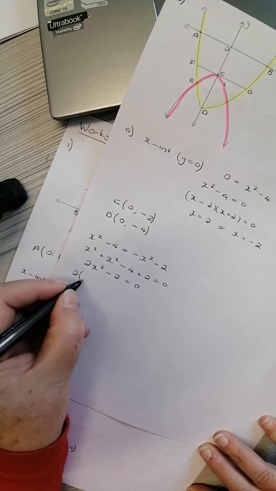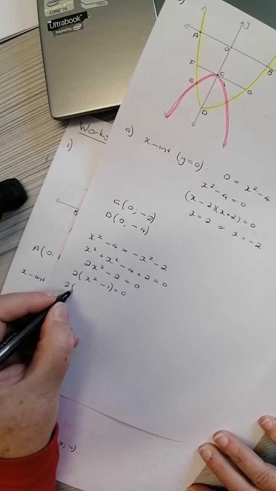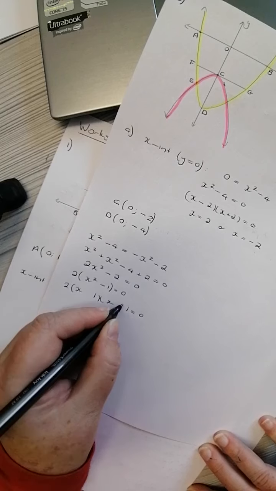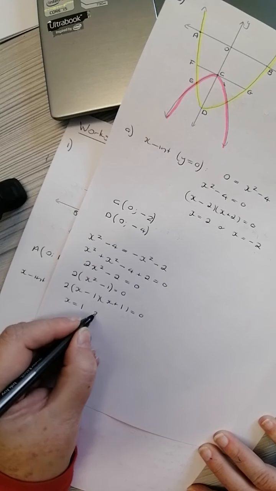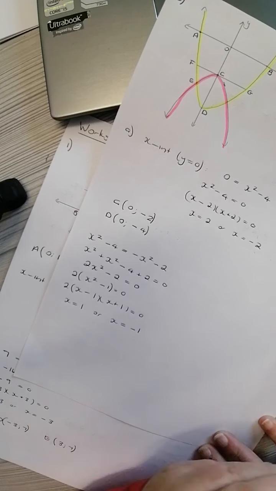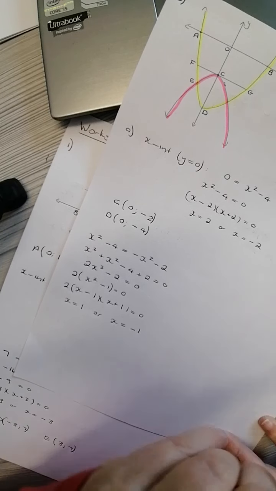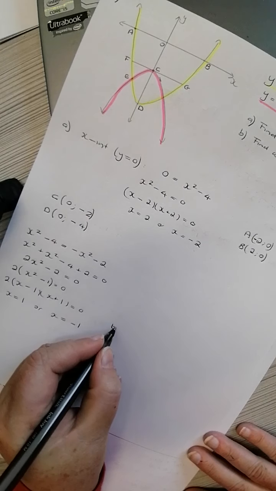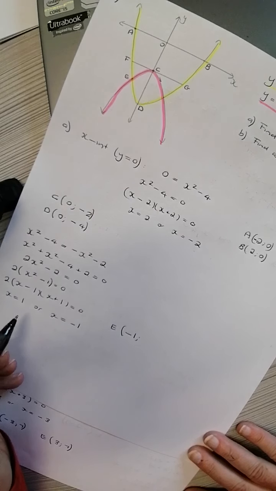We're going to take out a 2 and we're left with x squared minus 1 equal 0. Again difference of 2 squares, x minus 1, x plus 1. So x equals 1 or x equals -1. And for E, your x is on the negative side. So E is -1. Now we need to get the y value.